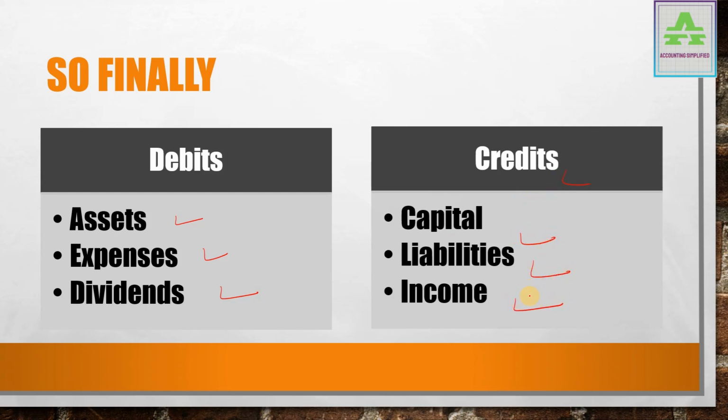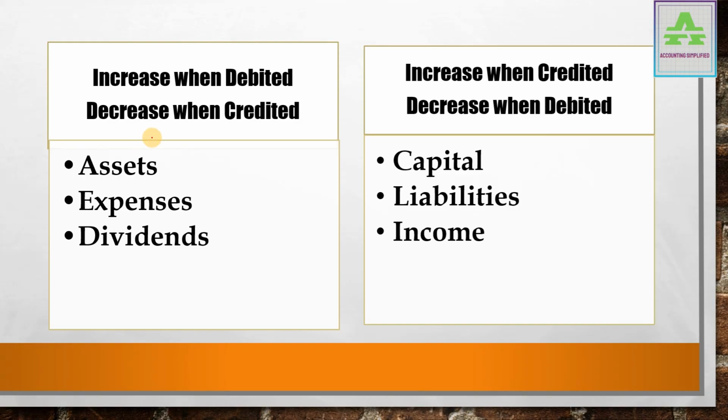So how do these rules of debit and credit come about? Whenever assets, expenses and dividends increase, we have to debit, and whenever they decrease we have to credit. For example, suppose you have purchased machinery. Machinery is an asset, so you need to debit the machinery account.